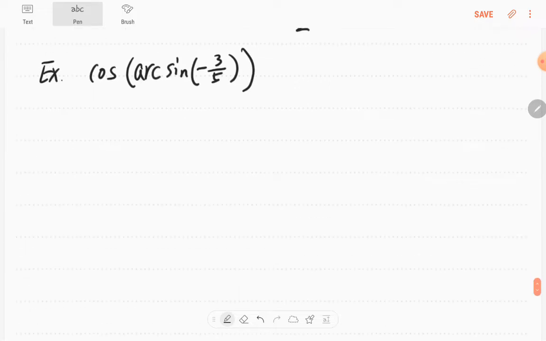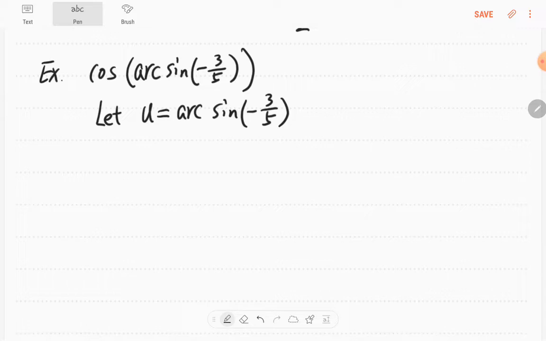Again, we let u be arc sine of -3/5, so that means sine u is -3/5.